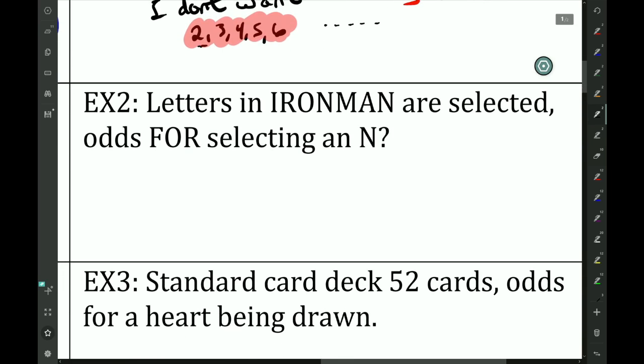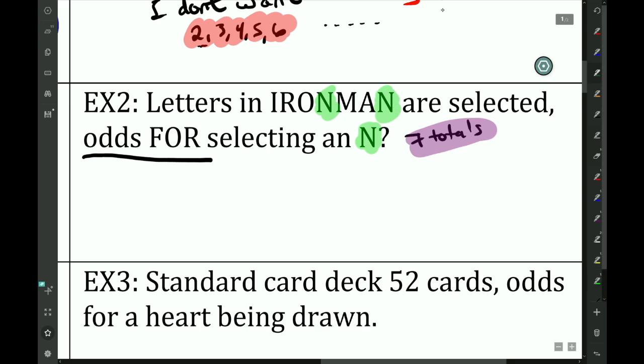Letters in IRONMAN are selected, odds for the N. I know before that we have 7 total letters, but odds does not deal with the total number of letters. It deals with what you want. So I want an N. There are 2 N's.